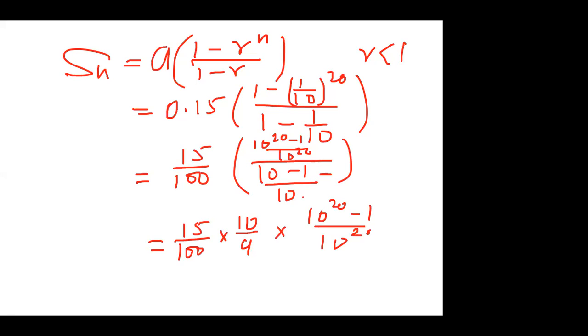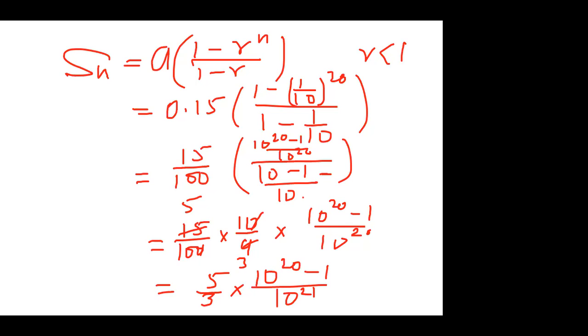Now we could simplify: 5 by 3 into 10 to the power 20 minus 1 upon 10 to the power 21.